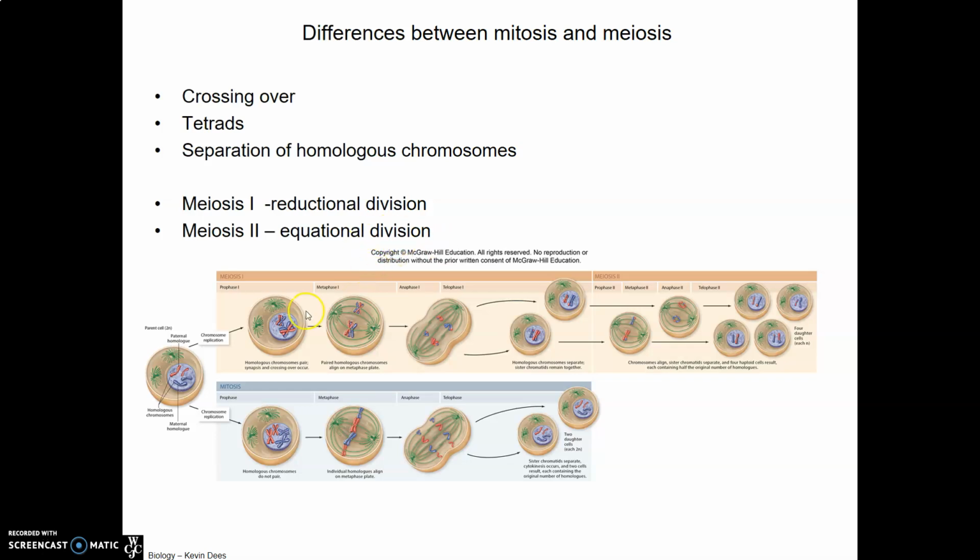Remember also that in meiosis, we have a reductional division, taking the cell from diploid to haploid, that occurs in meiosis 1, followed by an equational division in meiosis 2, where those haploid cells split. So make sure you review these and compare and contrast the steps that occur in mitosis versus meiosis.